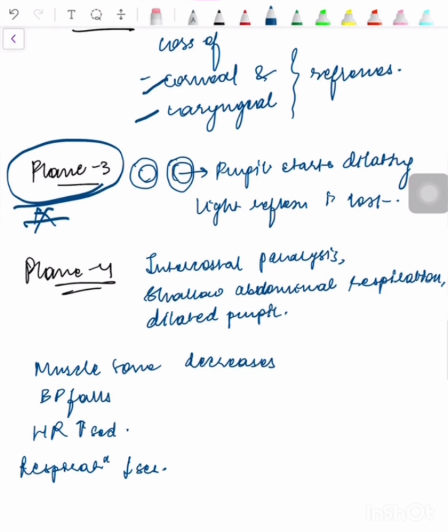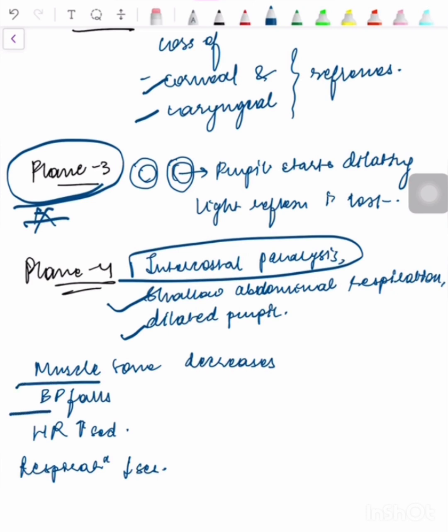So the intercostal paralysis is there, shallow abdominal respiration, obviously the dilated pupil is still there, and the muscle tone decreases, the BP falls, heart rate increases, but the pulse remains weak, and then respiration decreases. So this is your stage 3, which is also known as surgical anesthesia. The skeletal muscle relaxes, vomiting stops, respiratory depression and cessation of eye movements are hallmarks of the stage. The patient is unconscious and ready for surgery.